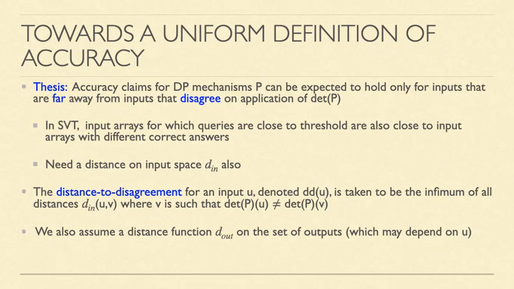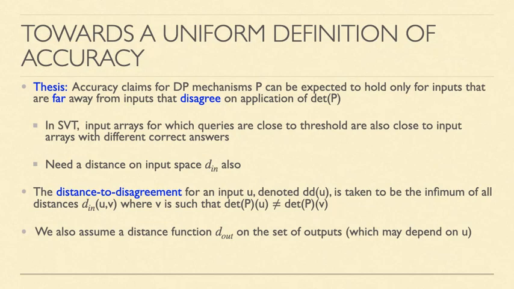And our observation is that if the input u is very close to a set of inputs for which det_P gives a different result than u, so in some sense the set of elements which disagree with u, then the probability of inaccuracy tends to increase. On the other hand, if u is far away from the set of disagreement, then the probability of getting an approximately correct answer increases.